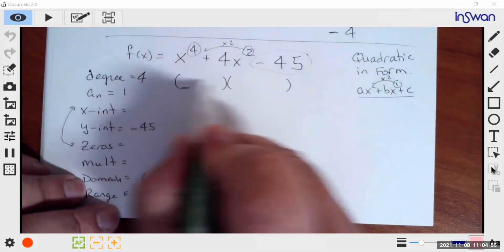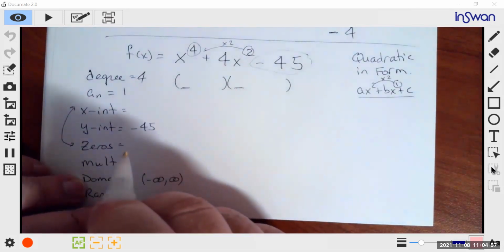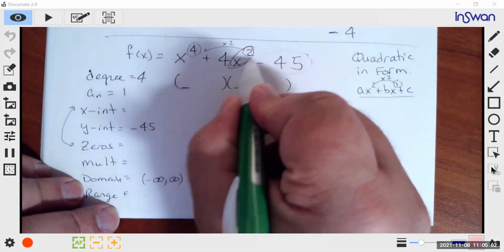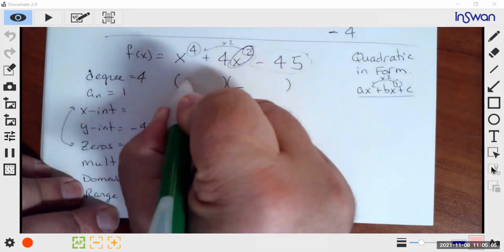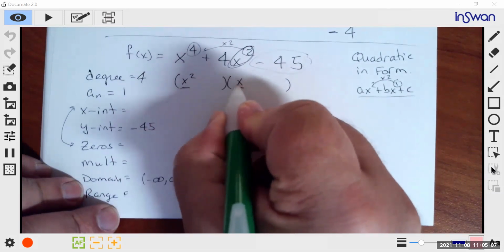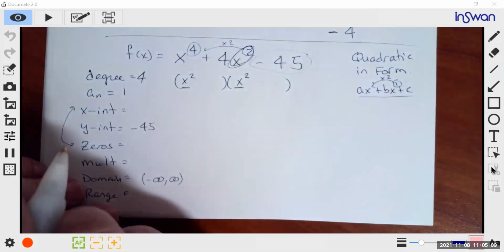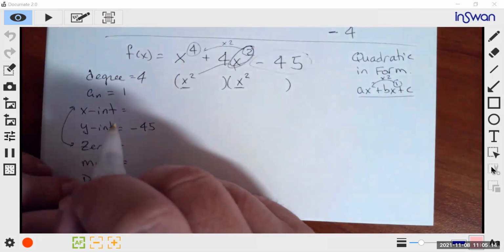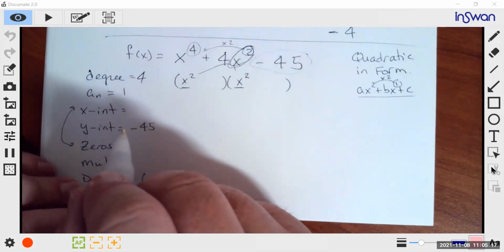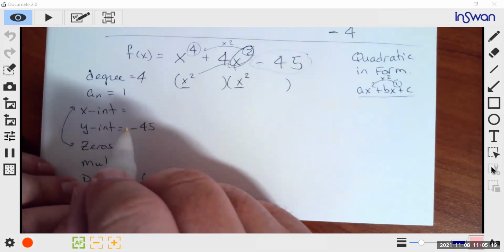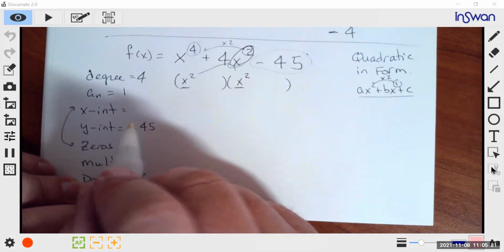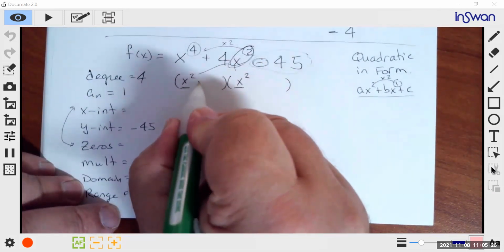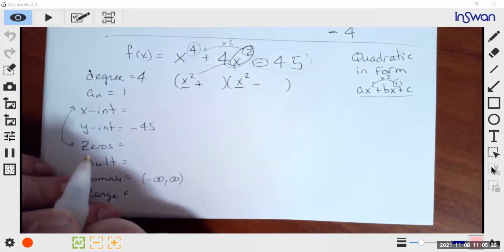Remember, what goes in the first space is what? Whatever the middle term is. It's going to be x squared, x squared. How about the signs? Well, the second sign's negative. The only way that's true is if one's positive, one's negative.